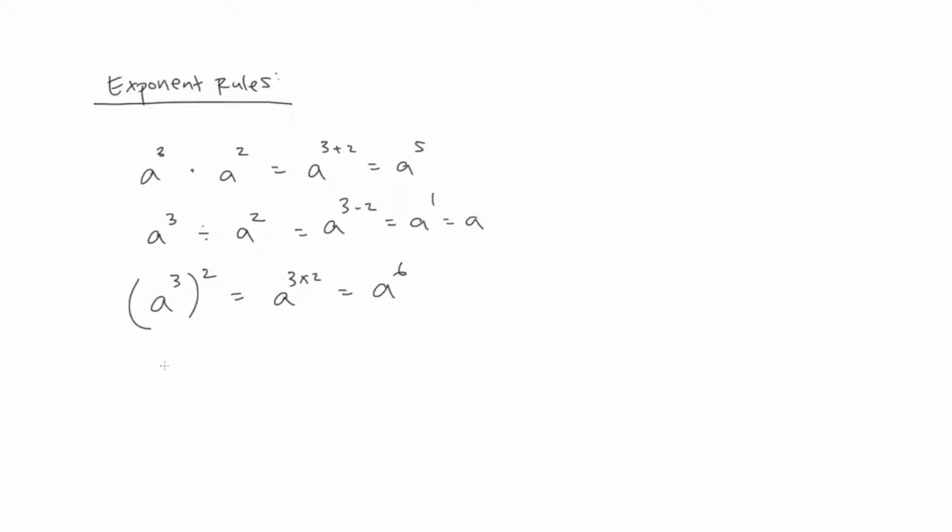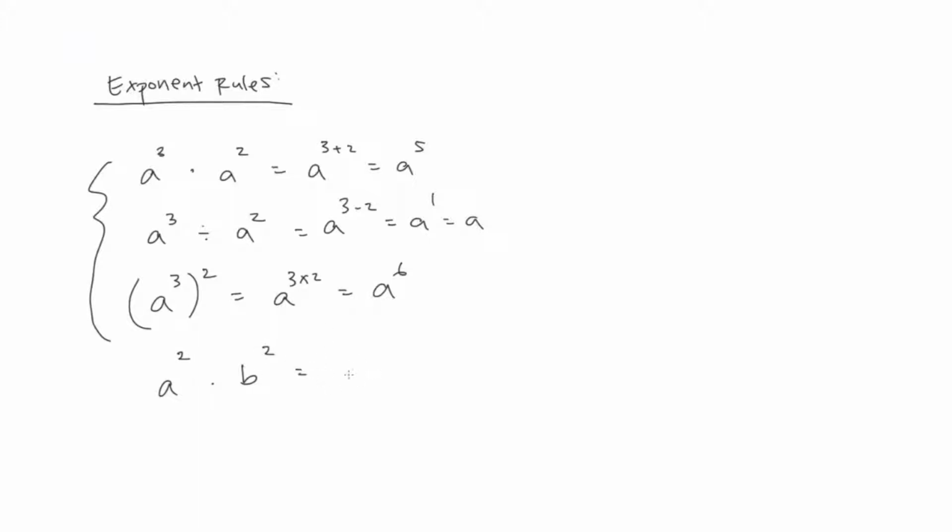And so these three rules deal with when the bases are the same, what would we do to the exponents? Well, what happens if the bases are different? So we have a and we have b, and we're multiplying, and the exponents happen to be the same.